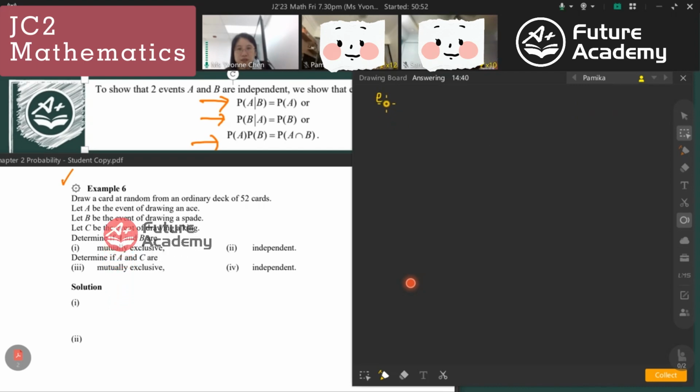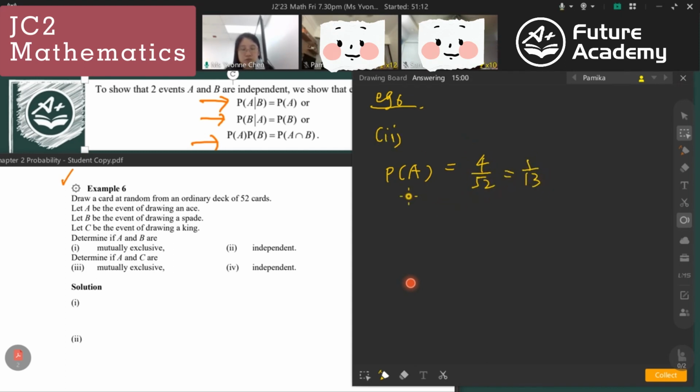So Pamika, for example 6, part 2, you want to find whether they are independent. What you can do is find the probability of A. Drawing an ace is 4 out of 52, which is 1 over 13. And then the probability of A given B. Given this is a spade and it's an ace, is it 1 out of 52? There's only one such card. Agree with me?